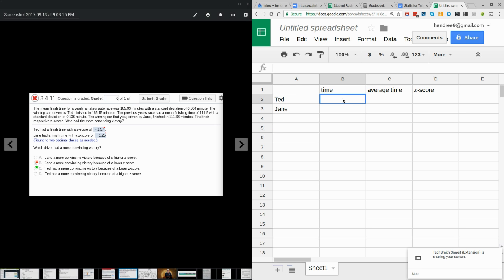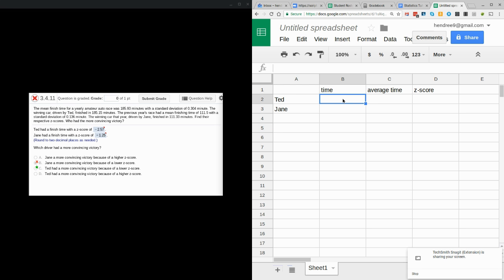So, okay, you don't have to do this in a spreadsheet, it's a real simple calculation, but I thought it would be useful for demonstration purposes. If we take Ted's year, he finished with 185.15 minutes. Now the average time his year was 185.93.